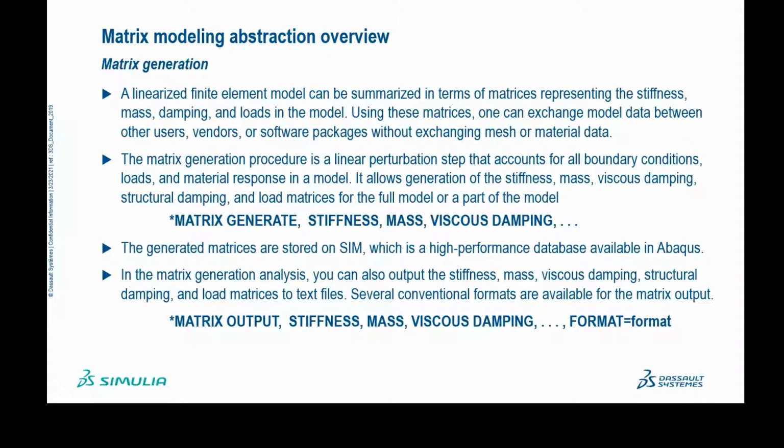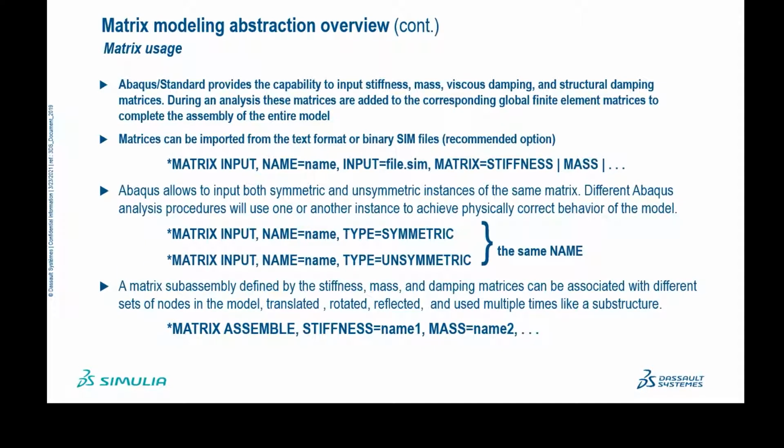In the matrix generation analysis, the analysts can also output the stiffness, the mass, the damping, or the load matrices into a text file. And we can define the format accordingly.